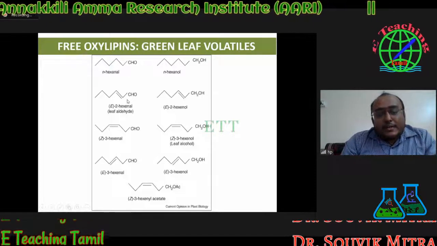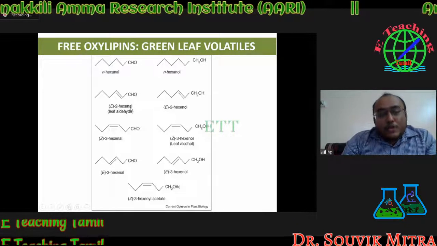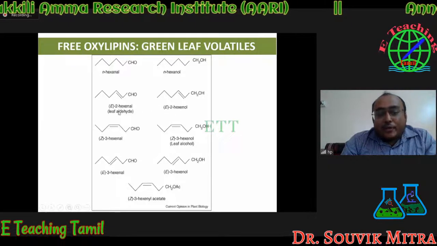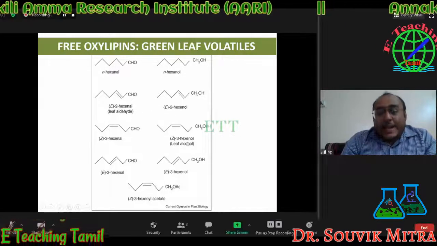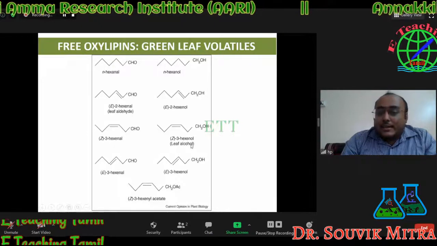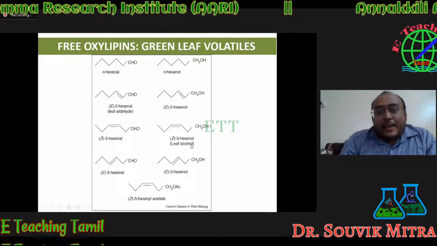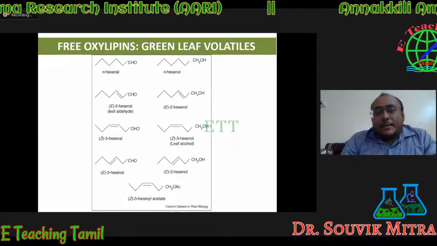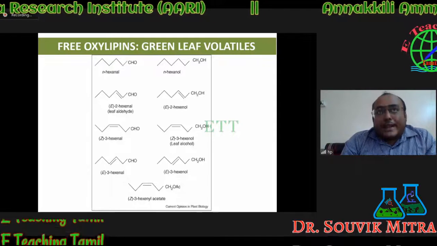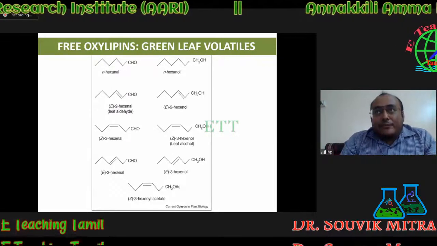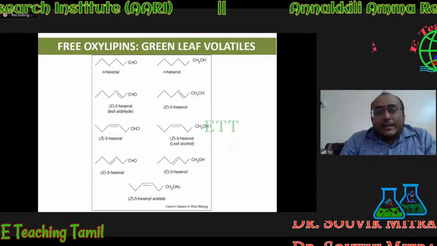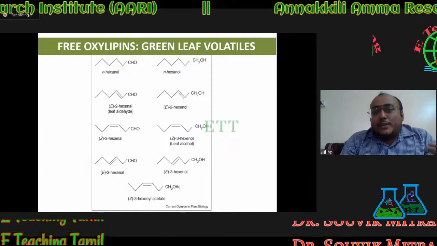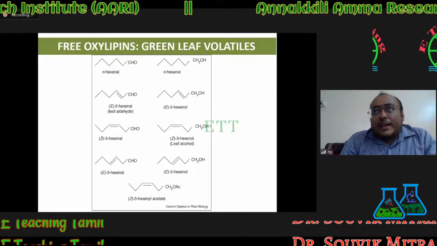The main leaf volatiles are 2-hexenal, which is termed leaf aldehyde, and 3-hexenol, which is leaf alcohol. They are called green leaf volatiles because if you mechanically damage a leaf, you get some smell. That smell is due to these leaf volatiles, which are emitted.